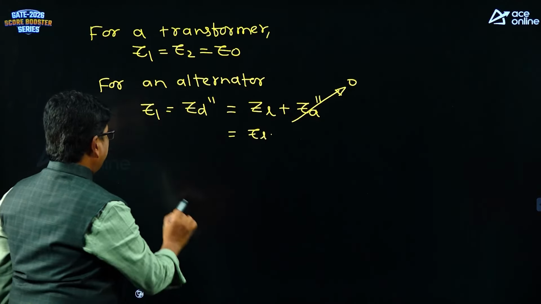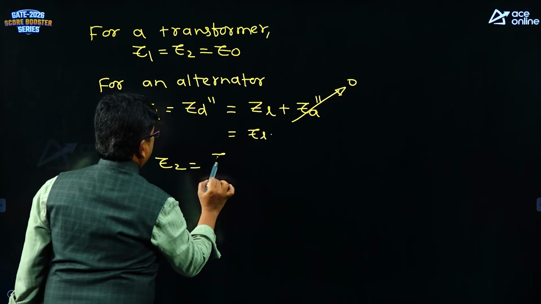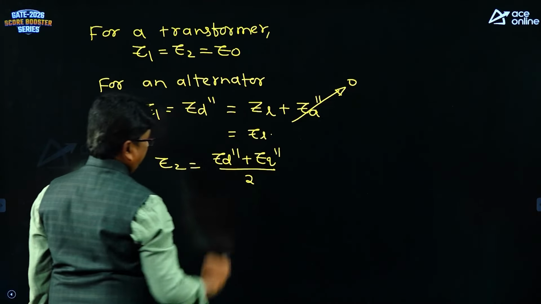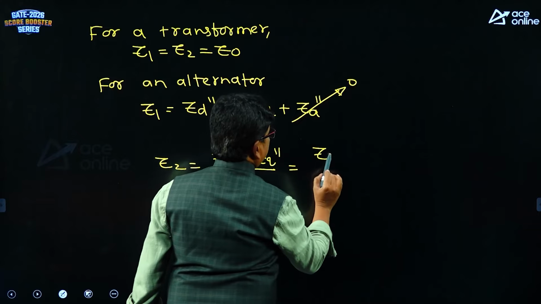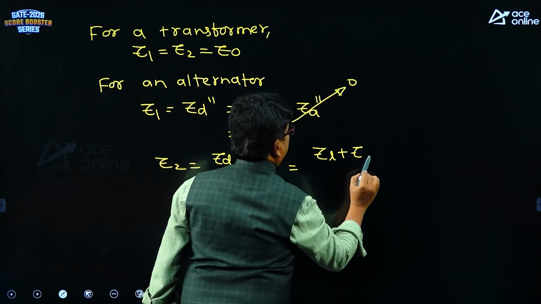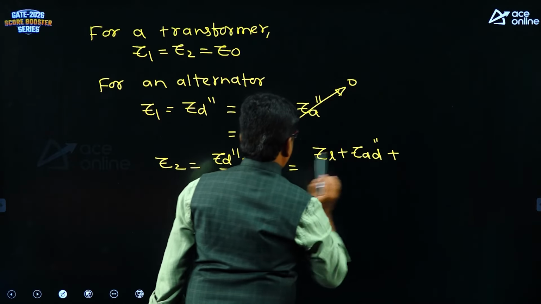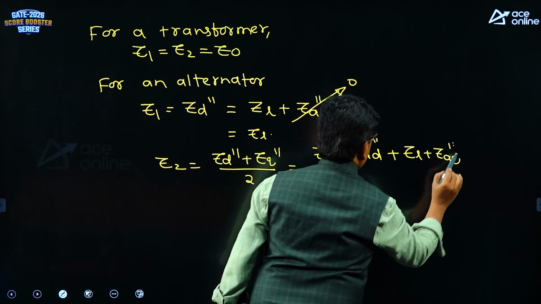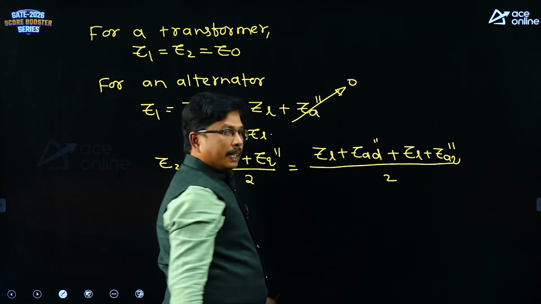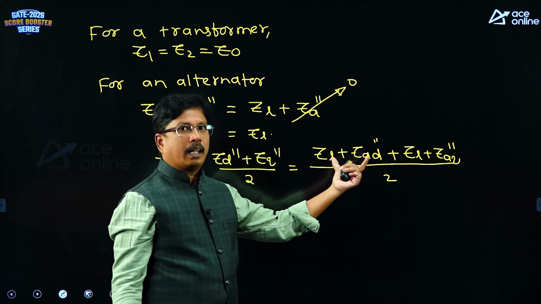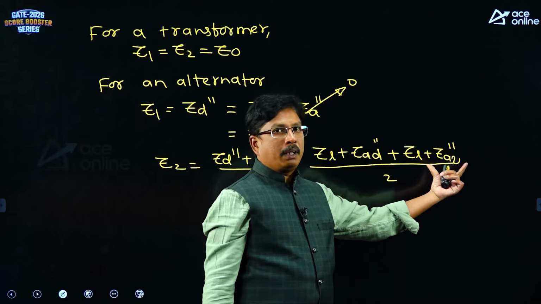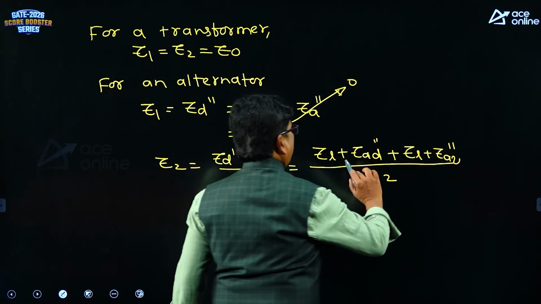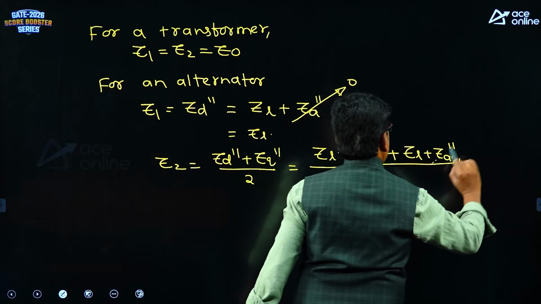The negative sequence impedance is Z2 is equivalent to (Zd double dash plus Zq double dash) divided by 2, where Zd double dash is ZL plus Zad double dash and Zq double dash is ZL plus Zaq double dash. Zad double dash is armature reaction along the direct axis, and Zaq double dash is the armature reaction along the Q axis. They are saying that armature reaction along any axis is 0.